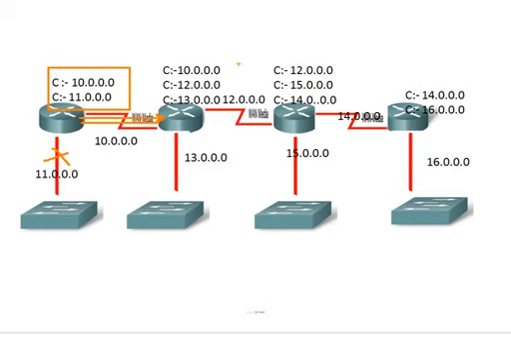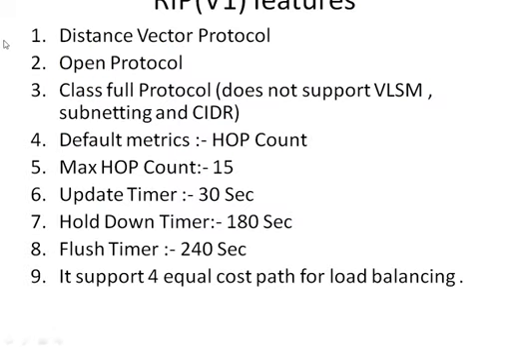So the neighbor keeps waiting for 180 seconds. This is the hold down timer, also known as the invalid timer. After 180 seconds this particular route is declared an invalid route, and it still keeps waiting up to 240 seconds, which is the flush timer. If the neighbor router does not get any information until 240 seconds, that particular route is flushed out from the routing table of that neighbor also.